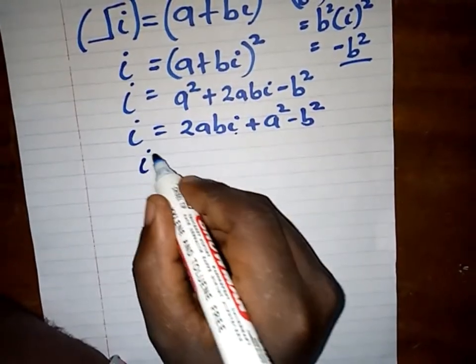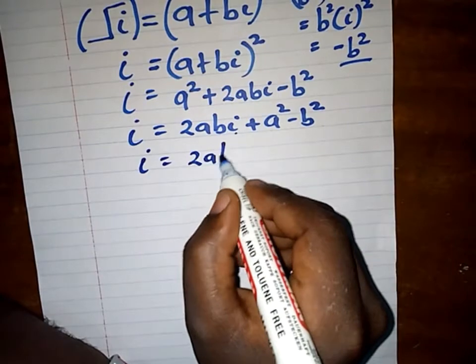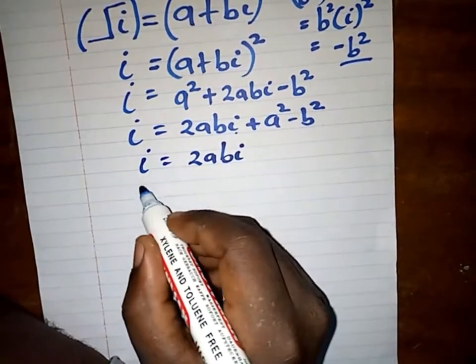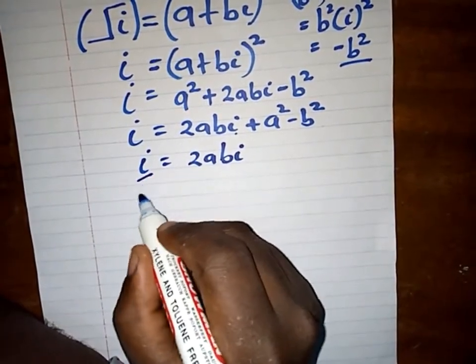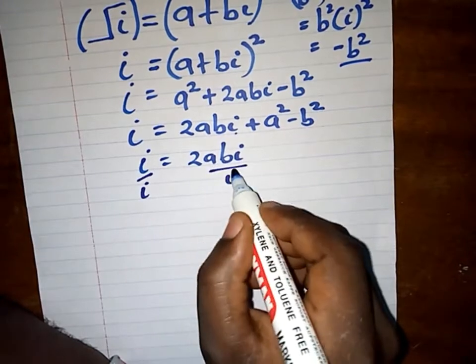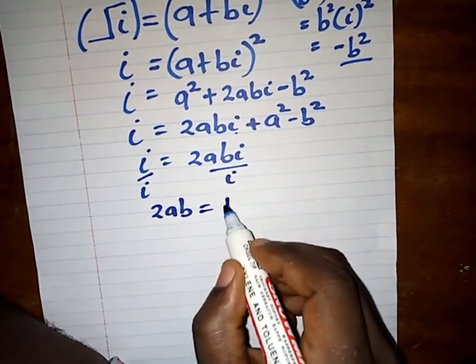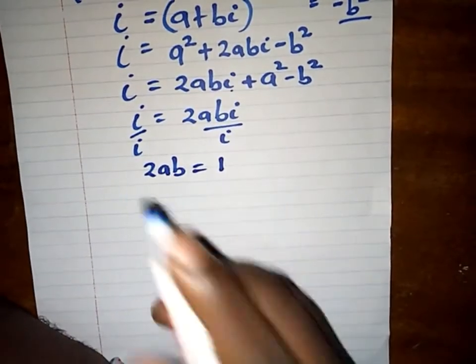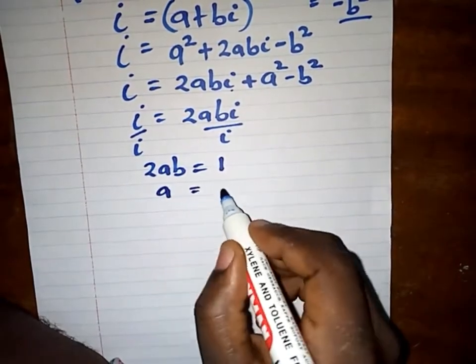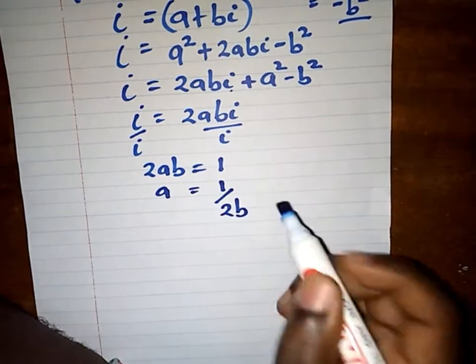So I'm going to remain with i equals 2abi. This is the same as if you divide by i on both sides, I'm going to remain with 2ab equals 1. And my a is the same as 1 out of 2b.